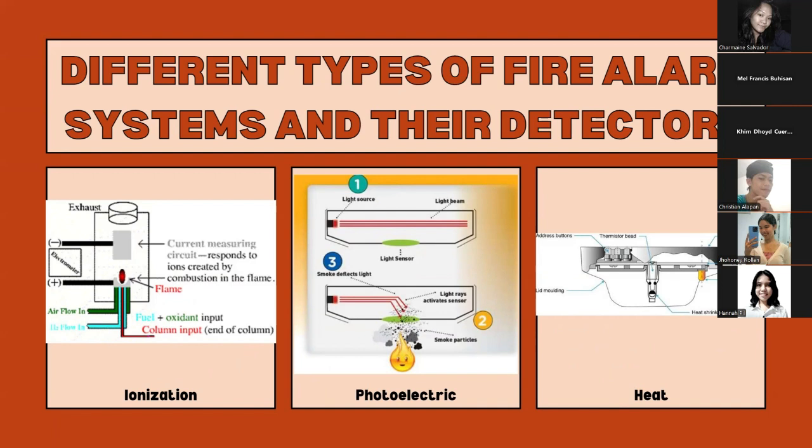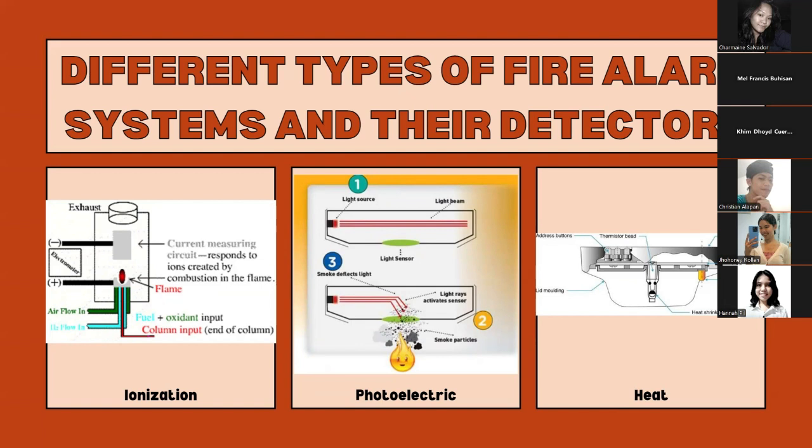First is ionization. So ionization is commonly used in some industrial buildings or rooms with highly flammable materials. This detector is highly sensitive to the small particles produced by fast flaming fires. These detectors work by ionizing the air between two electrodes, creating a current.